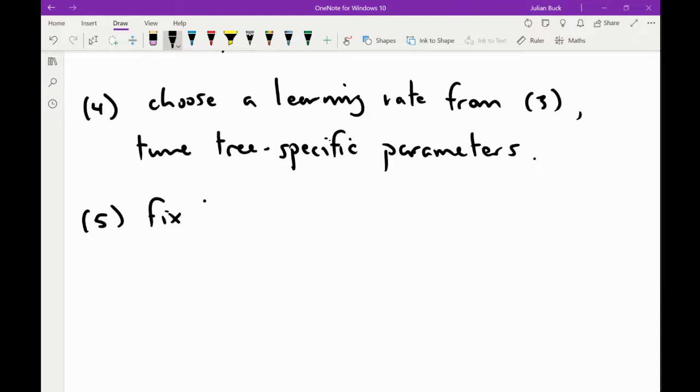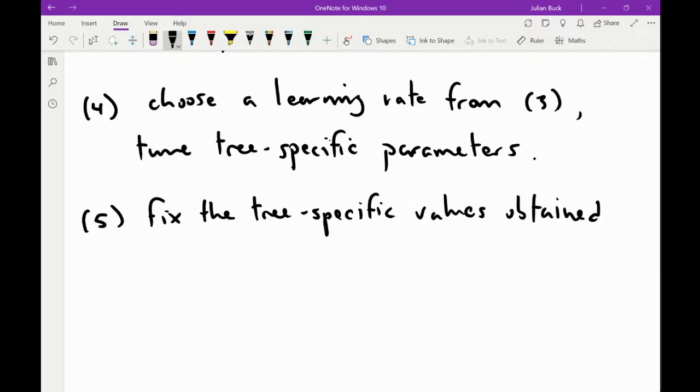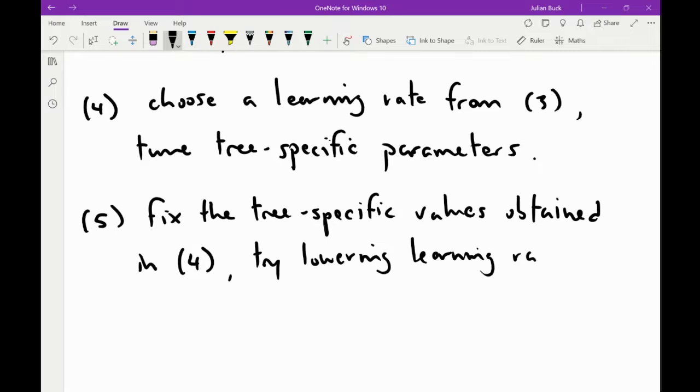Now you fix the tree-specific values obtained at step 4. And then we look at tuning learning rate again. So try lowering learning rate. Remember that decreasing the learning rate from a particular point is typically going to increase the runtime, because the steps take longer, but could improve model performance.